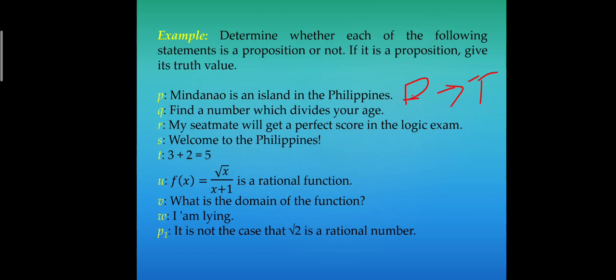However, square root of 2 cannot be expressed as a quotient of two integers. Therefore, it is a proposition, but its truth value is false. Therefore, P sub 1 is a false proposition.